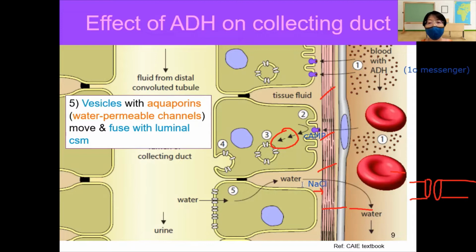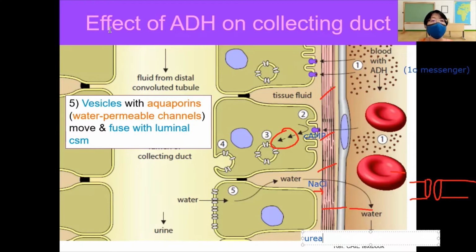Now, other than sodium chloride, what also reduces the water potential here is urea. Now, when ADH arrives at the cells, the cell also becomes permeable to urea.